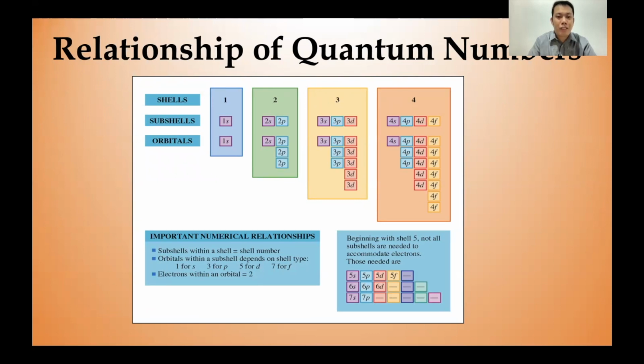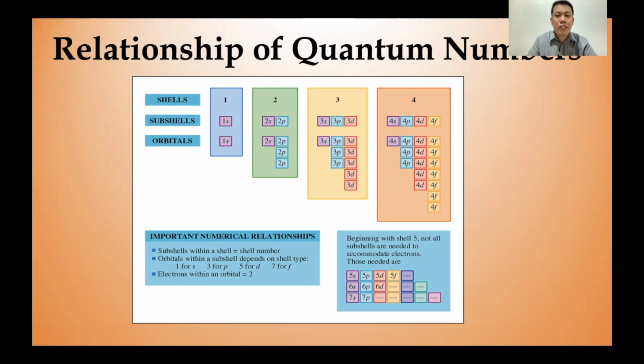Orbitals: first 1s, so that means only one orbital, then 2s, one orbital, then 2p, another p, then another p, because for p, it is only up to 6. So 2p1, 2, 3, 4, 5, 6. Okay? Up to 4f.